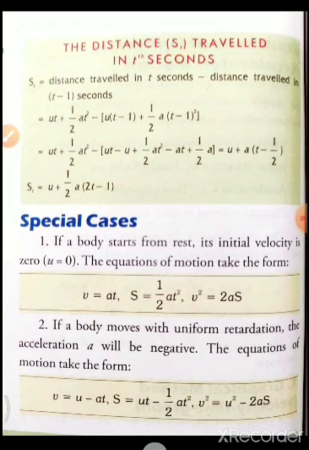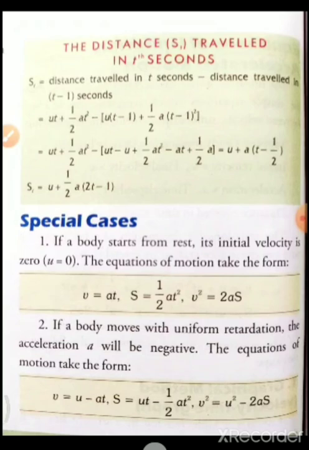So for the area of the trapezium there is a formula: half into sum of the parallel sides into height. Here the parallel sides are OA and BD, into height, that is OD, also we can take AC. So half into (OA plus BD) into OD.